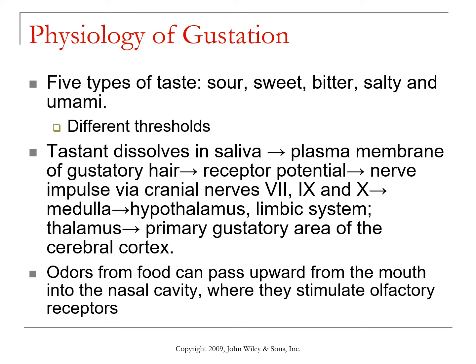These carry signals into the medulla, where they synapse and then project to the hypothalamus and other structures of the limbic system, as well as to the thalamus, where these signals are sorted before being sent to the primary gustatory area in the cerebral cortex at the base of the postcentral gyrus in the parietal lobe.